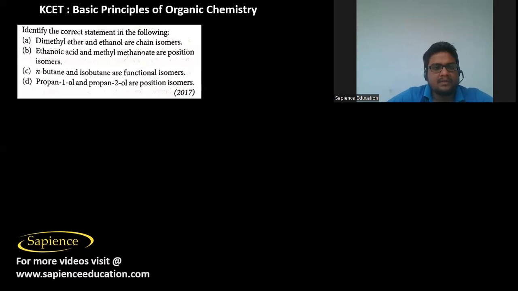Then it is told, identify the correct statement in the following. Dimethyl ether and ethanol are chain isomers. So dimethyl ether, CH3OCH3, and ethanol, CH3CH2OH. So these two are chain isomers?